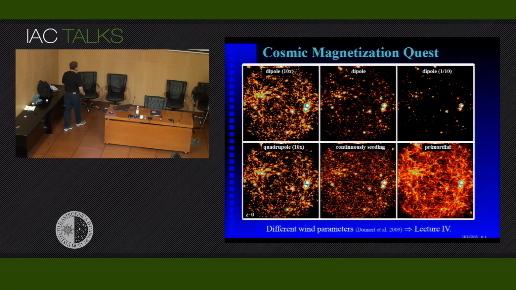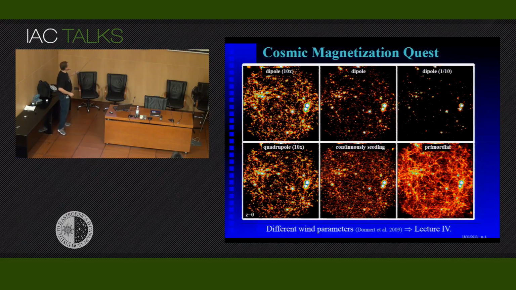But if you go to larger and larger scales, there are some remnants, or you at least hope to find some remnants, which give you links to the source of the magnetic field, so where the cosmological magnetic fields are coming from.